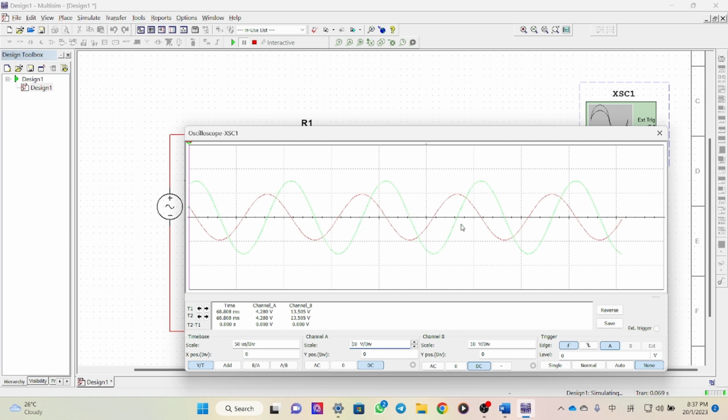So 1 over 4 of 2 pi is 90 degrees. Because voltage leads current, it is a positive sign.